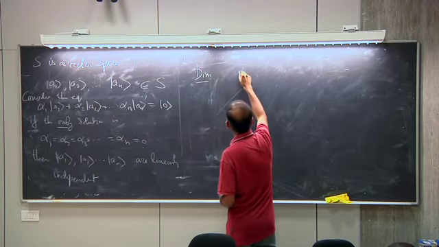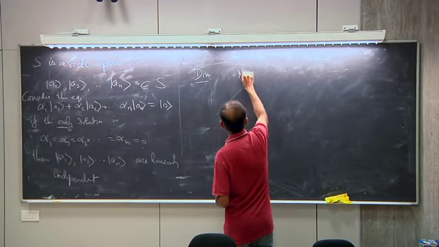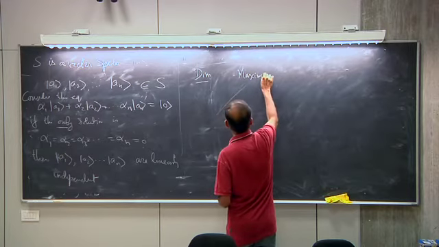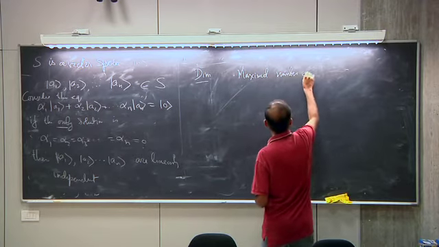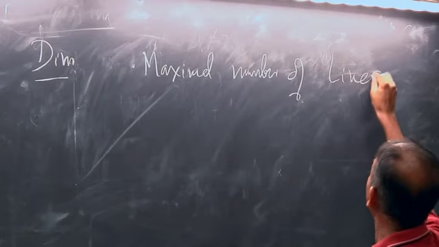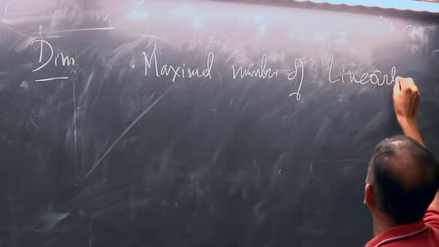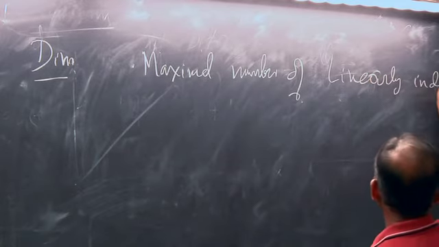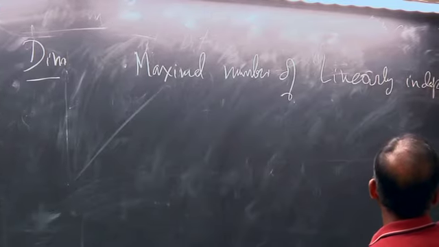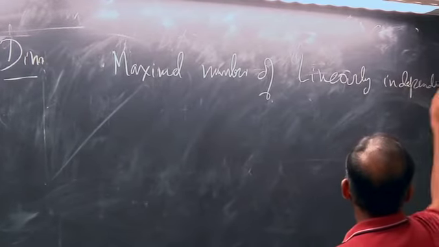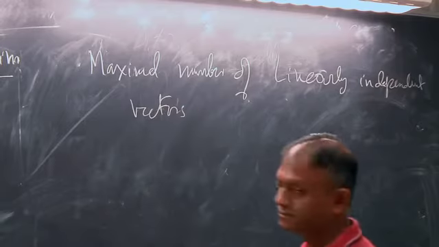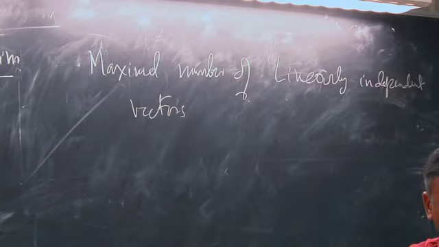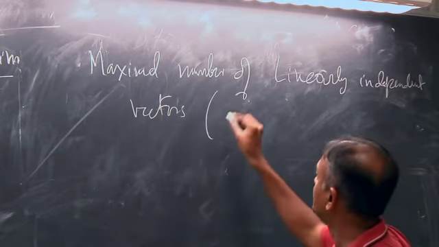Dimension is the maximal number of linearly independent vectors. Okay. I'm assuming that this is finite. So assuming it is finite.